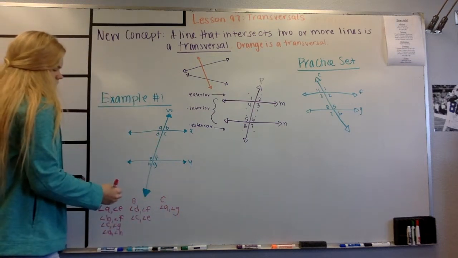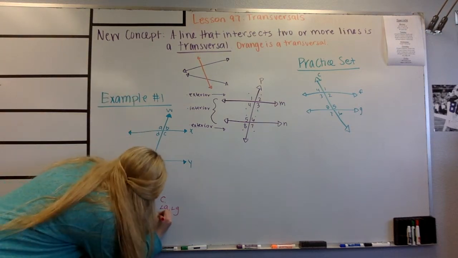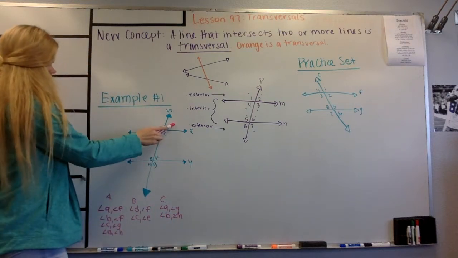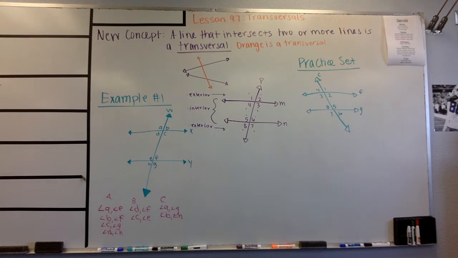Angle A is on the left, angle G is on the right. Then we have angle B and angle H. There we go. Perfect. Again, alternating. It doesn't want them up and down. It wants them alternating. If they are corresponding, they're on the same level, same side. If they're alternating, it's on the opposite side.